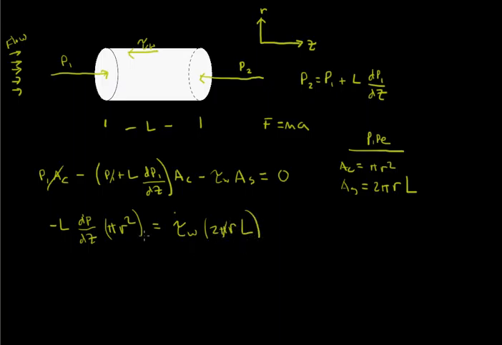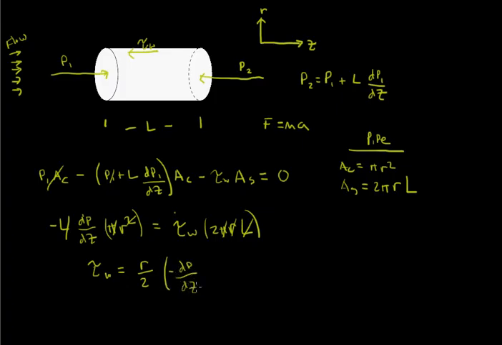We can see that the pi's will cancel, the L's will cancel, and this r will cancel with one of these r's here, and then we'll end up with this expression here for the shear stress in a pipe. So tau sub W is equal to the radius divided by 2 times the quantity of this differential here.